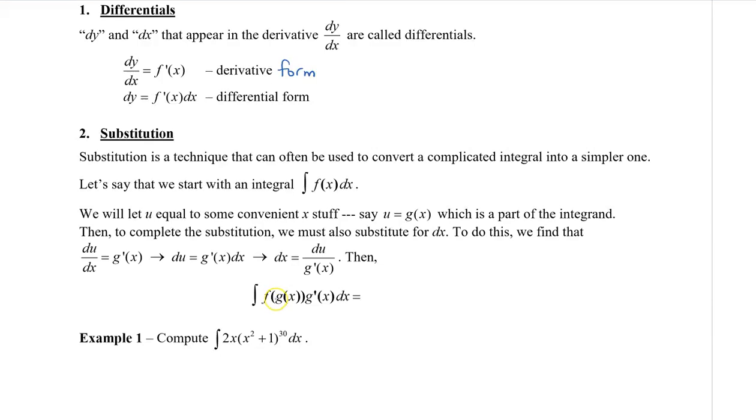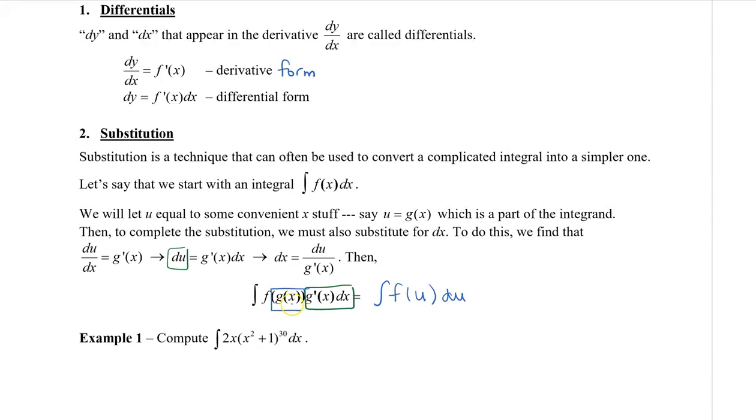Then what we have is the integral of f of g of x times g prime of x dx. Actually, we'll do this part first. So this part here is equal to u, and then this part here is equal to du.